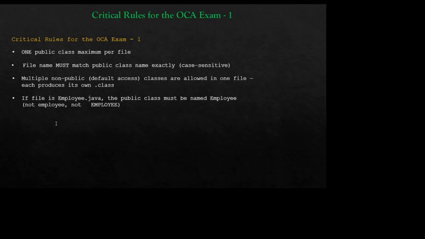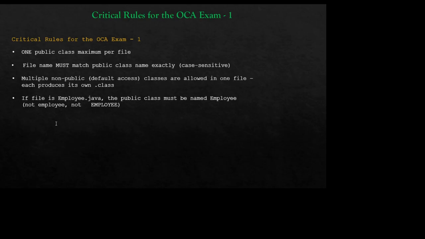It just cannot be a small e or something else. The file name must match the public class name exactly, if there is a public class in the file. Now if you don't have a public class there, then the names can be different.